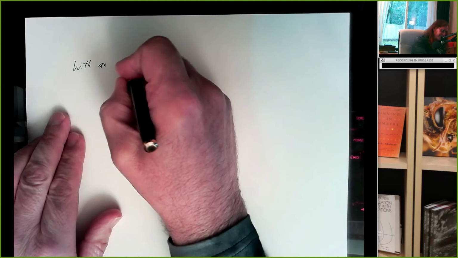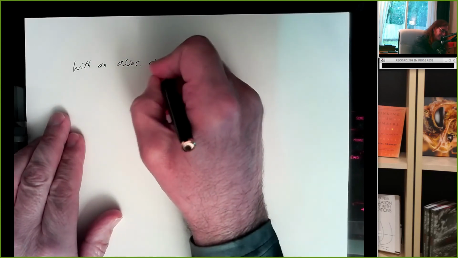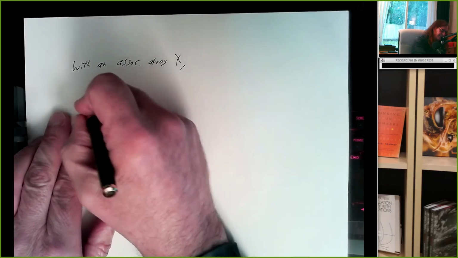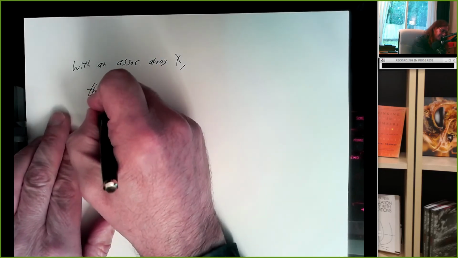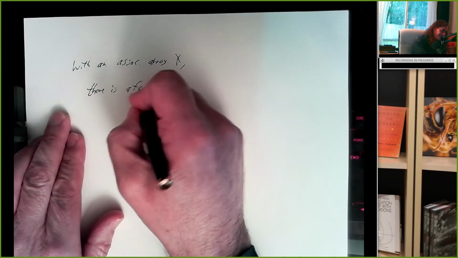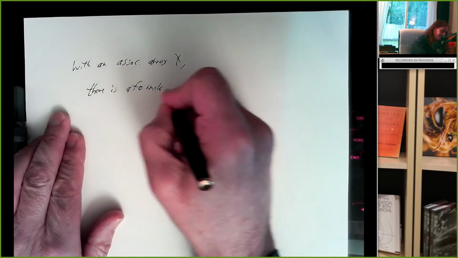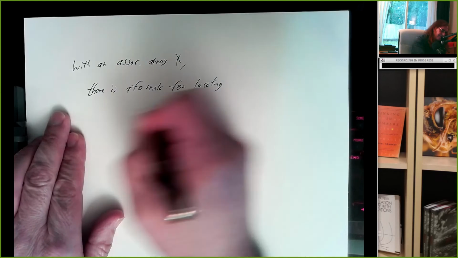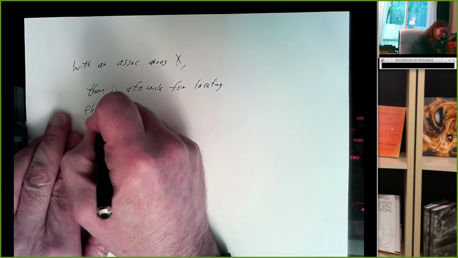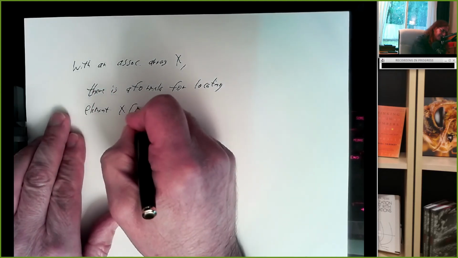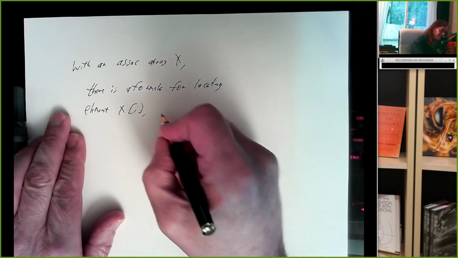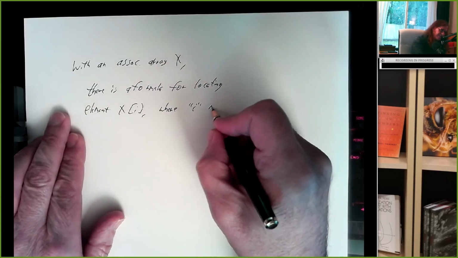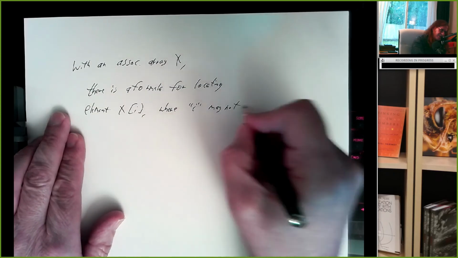With an associative array, let's call it x, there is a formula for locating element x bracket I, where I may not be an integer.